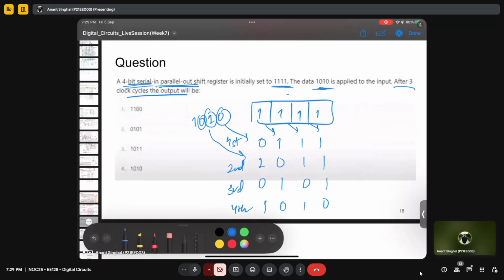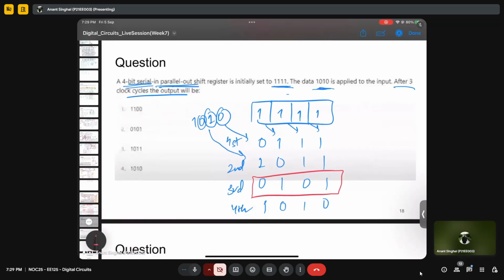So after 3 means this, which is option, what is this option? Oh, option 2. Yeah. Okay. Is this clear to everyone? Okay, so let's move ahead.